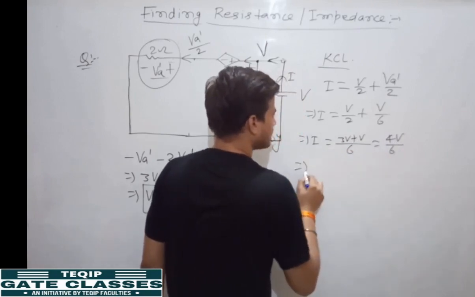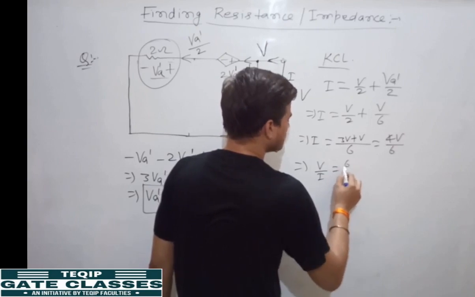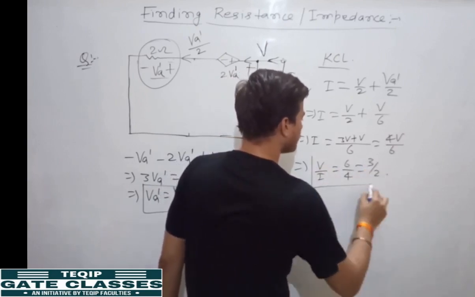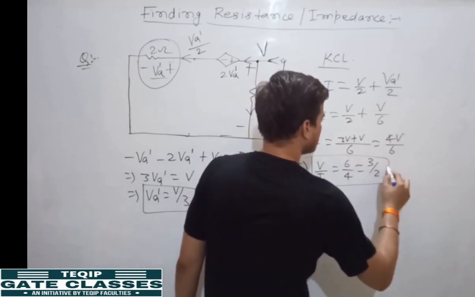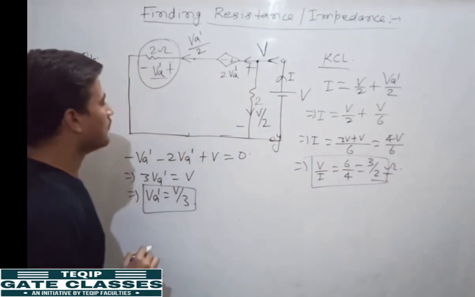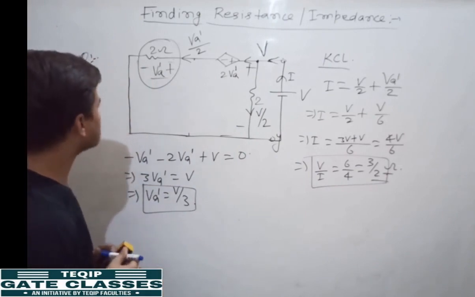That means V by I will be equal to 6 by 4, that means 3 by 2, that means 1.5 ohm. So 1.5 ohm will be the correct answer. Clear?